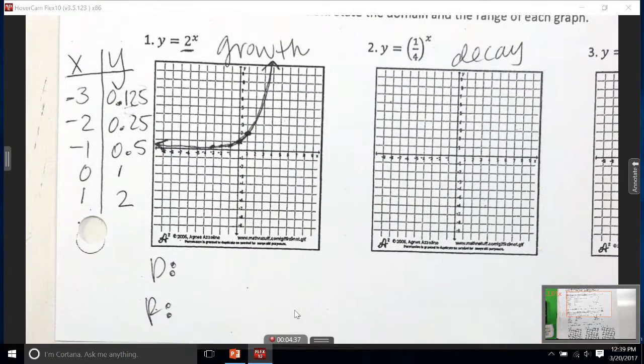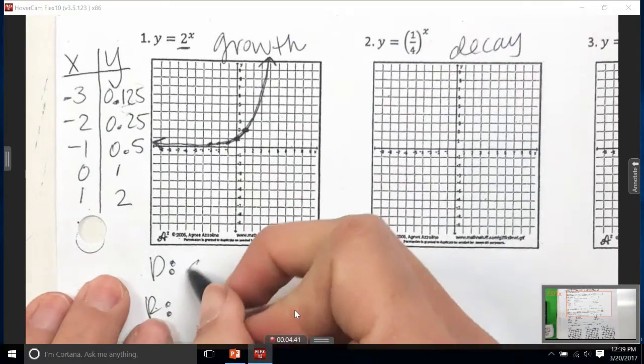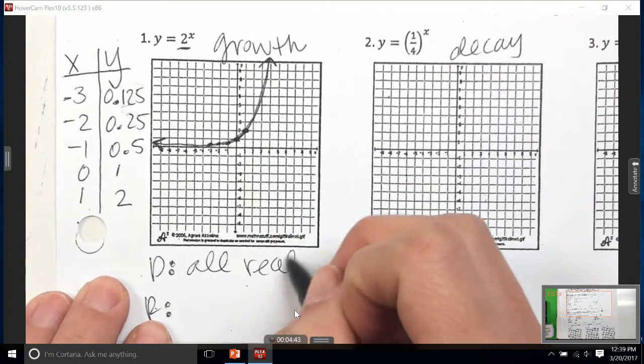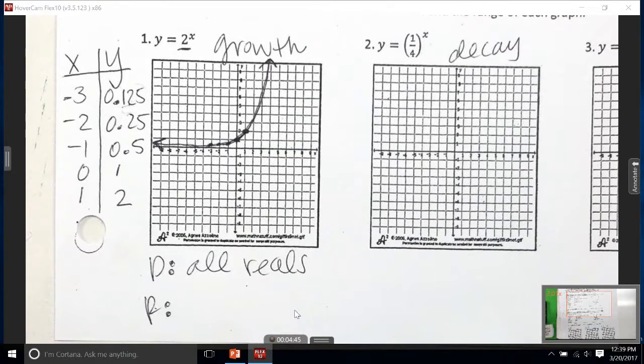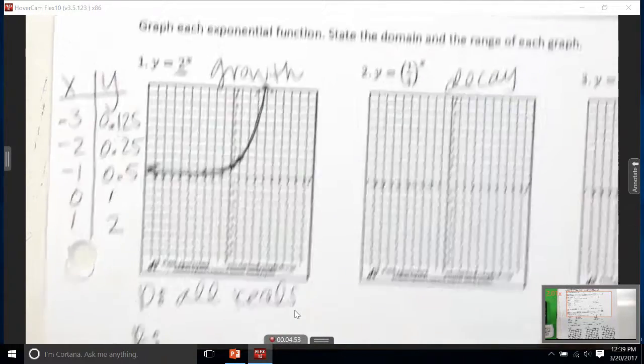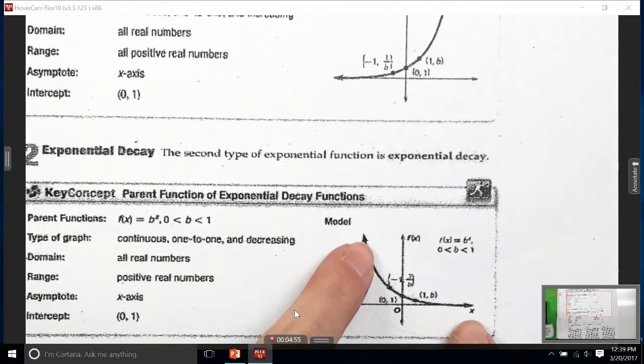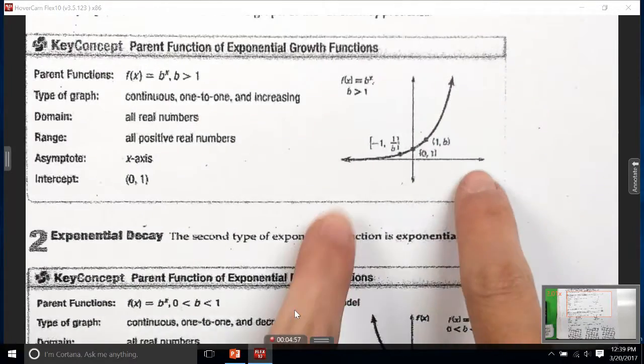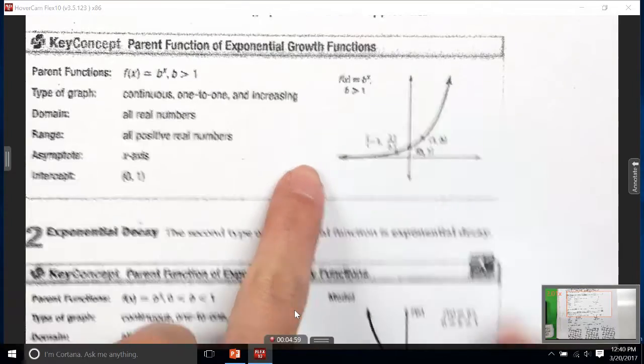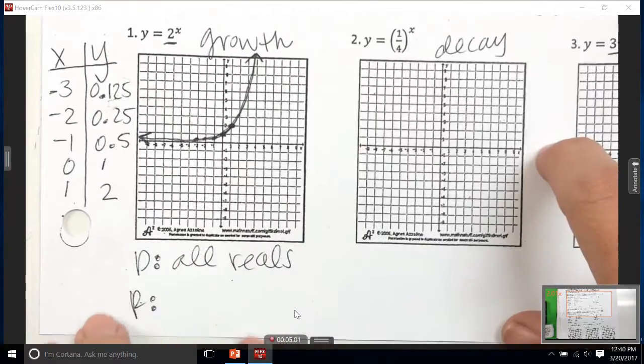So instead of having all these infinity signs, what could we write for domain? All reals. All real numbers. Do you think that it'll be like that for every exponential function? Remember I said on these two how it's going to go on forever to the left, forever to the right. Same thing here. They don't end on either side, so do you think it'll be all reals for each one? Yes.